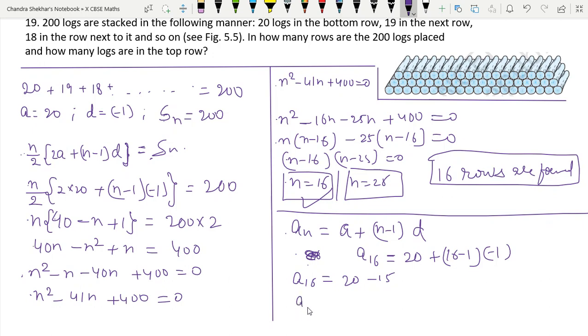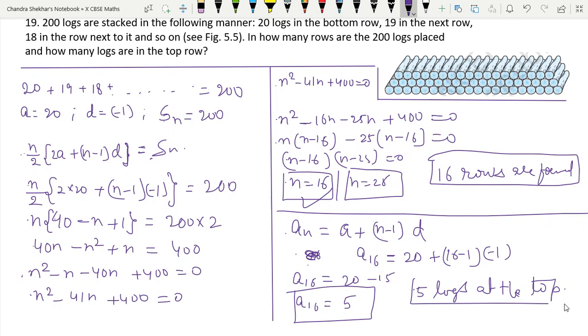So a16 is how much? 5. So 5 logs will be at the topmost. This is the answer for the second one. Understood? Yes, sir.